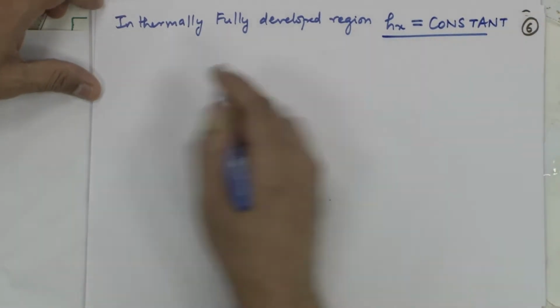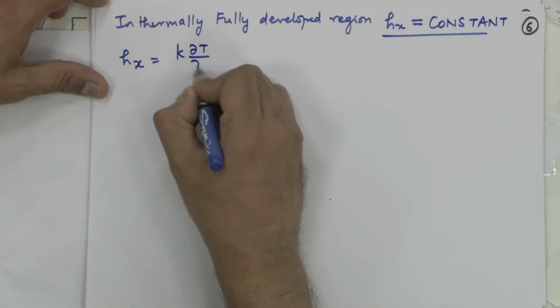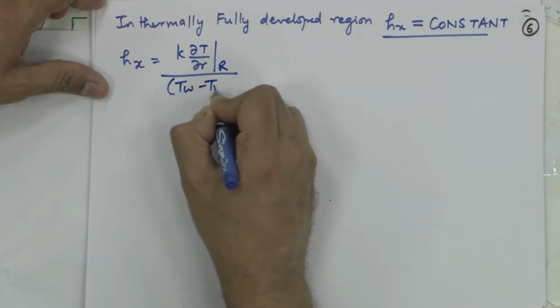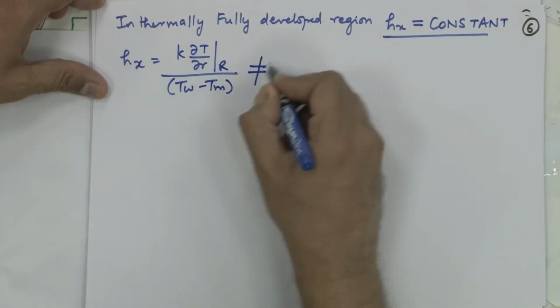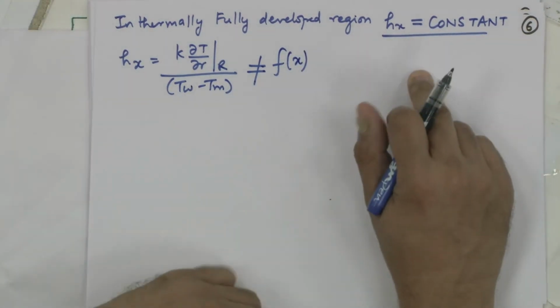How do I know that? h local, which is nothing but k dT by dr evaluated at r over T wall minus T bulk mean, is not a function of x. This means the heat transfer coefficient after the boundary layers have merged is constant.